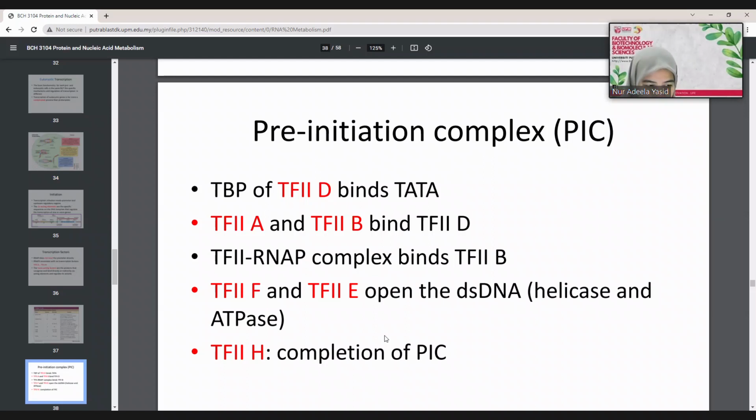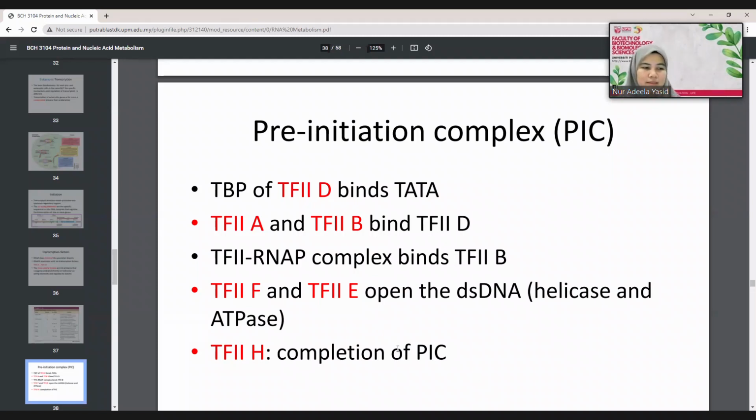One of the last transcription factors to be recruited to the pre-initiation complex is transcription factor H, which plays an important role in promoter melting, and it signals the completion of the pre-initiation complex.